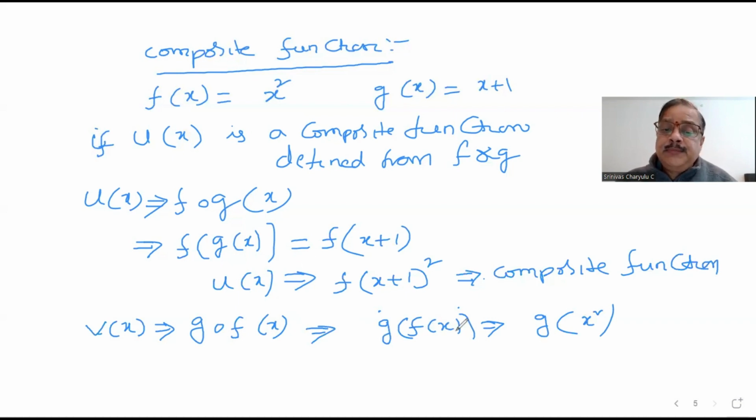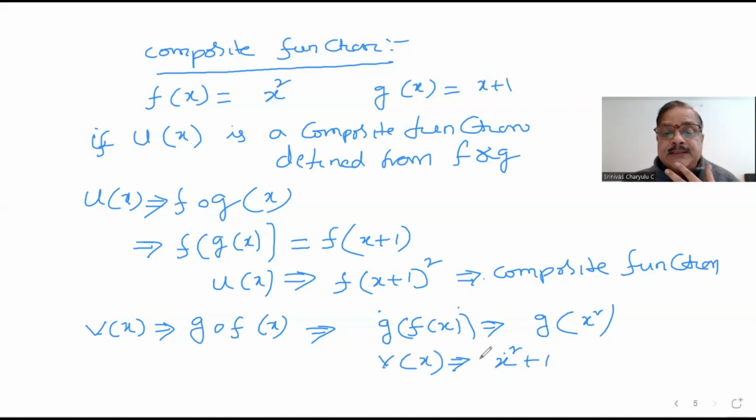G of f of x means we write whatever value we defined on top, x square for f of x. So g of x square, whose value is, what is g of x? x plus 1. So wherever x is there, we write x square. That becomes x square plus 1. This is called v of x.